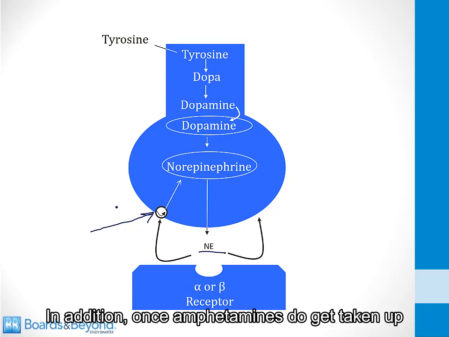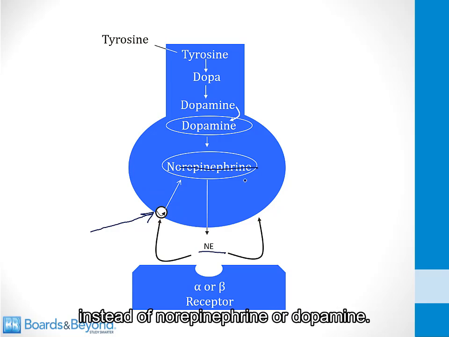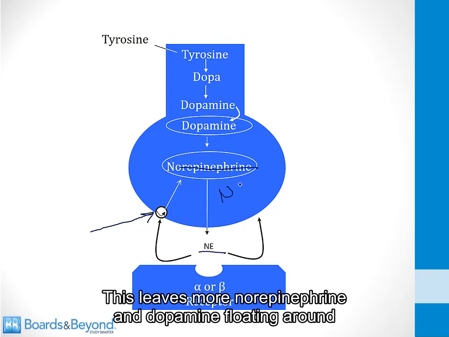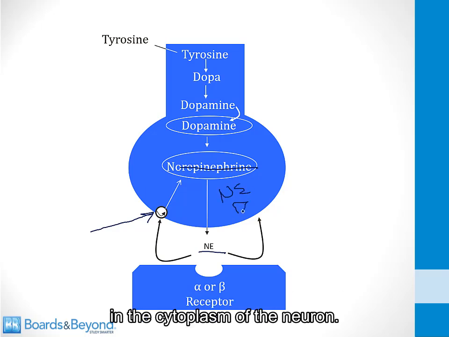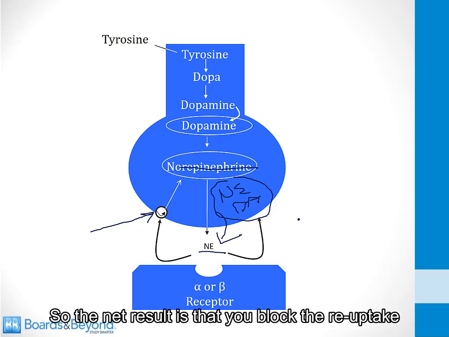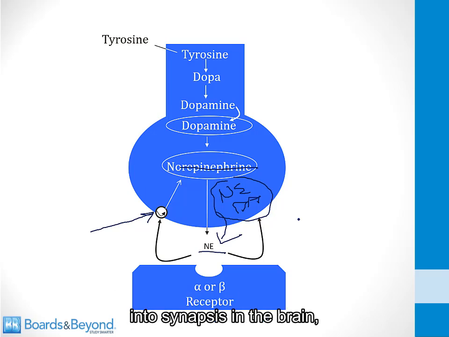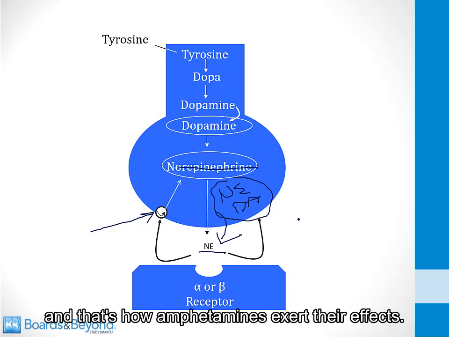In addition, once amphetamines do get taken up inside the neuron, they get put inside of vesicles instead of norepinephrine or dopamine. This leaves more norepinephrine and dopamine floating around in the cytoplasm of the neuron. When the level of these substances gets high, they then get dumped out into the synapse. So the net result is that you block the reuptake and you increase the release of norepinephrine and dopamine into synapses in the brain, and that's how amphetamines exert their effects.